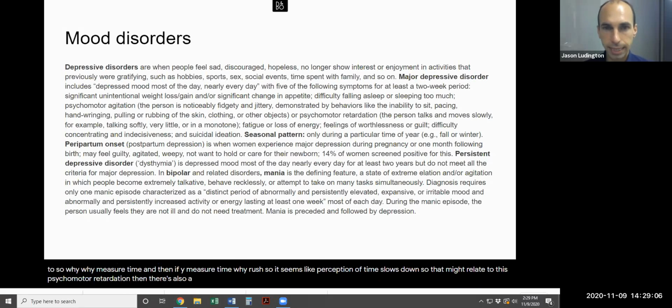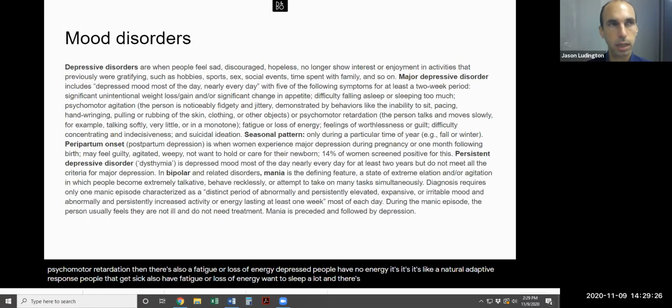Then there's also fatigue or loss of energy. Depressed people have no energy. It's like a natural adaptive response. People that get sick also have fatigue or loss of energy, and want to sleep a lot.